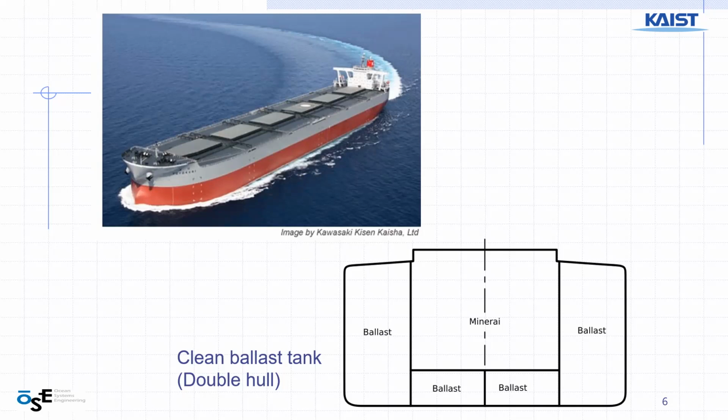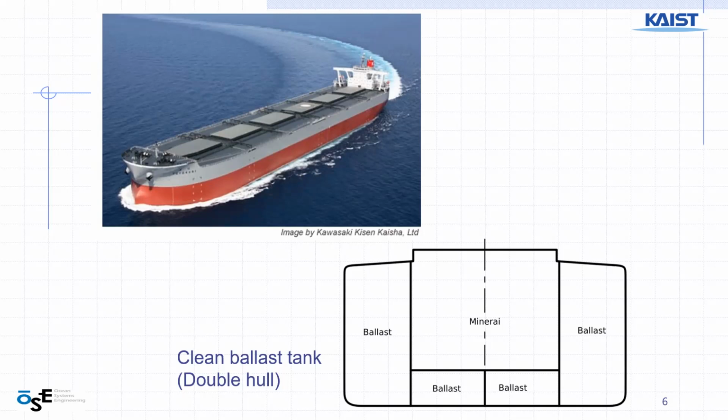And then when they arrive at the destination, they pump out all the ore stones to the port. And then the ship is empty, and it returns to Australia again to load and move more ore, right? So two trips between Australia and Korea: one trip is full of cargo, the other trip is empty of cargo. So you need to balance the position and depth of the ship using ballast tanks by using the water inside.